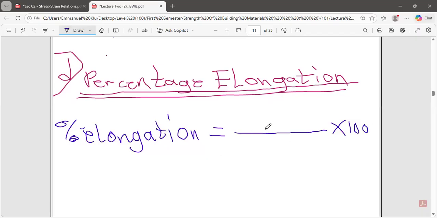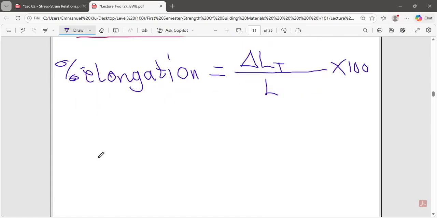So this is the original length, which is also known as the gauge length. The numerator, you put total extension over here. Not just any kind of extension or any kind of change in length, the total, the addition of all, total extension.